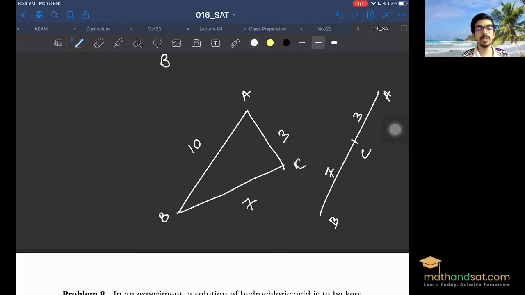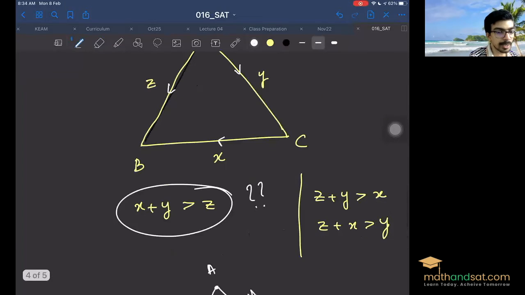We say that the 3 points are collinear. They are on the same straight line. 3 plus 7 is exactly equal to 10. Clear? So we have a triangle inequality here.